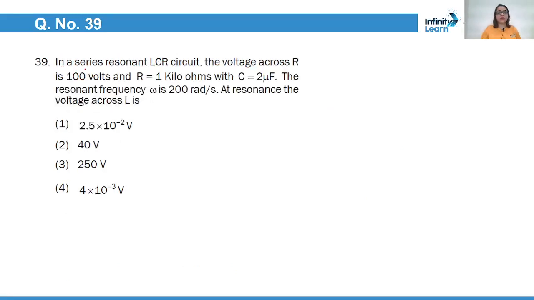Question number 39. In a series resonant LCR circuit, the voltage across R is 100 volt, R is 1 kilo ohm, and C is 2 microfarad. The resonant frequency is 200 radian per second. At resonance, what will be the voltage across L? Here, the resonance frequency is 200 radian per second, where omega is 1 upon under root LC.